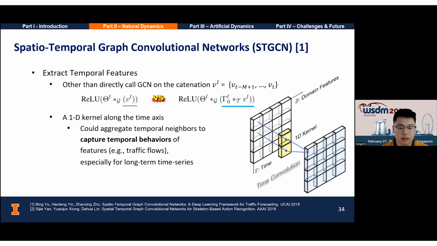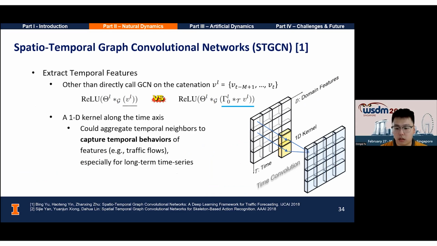Next, let's look at the time convolution and figure out how it works. So let's dive into the time convolution operation in the ST-GCN. Of course, a quick-win solution is that we don't use the time convolution, but just stack all the temporal features as VL and then put it into the graph convolution.